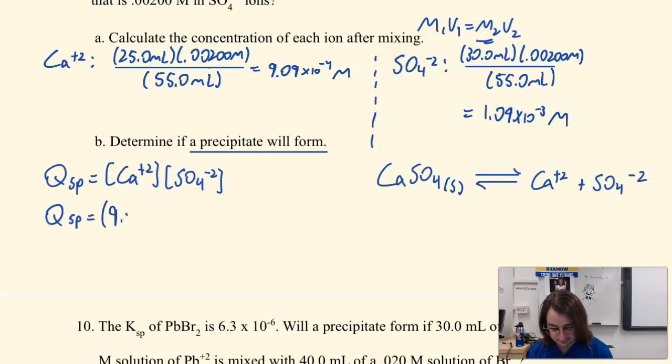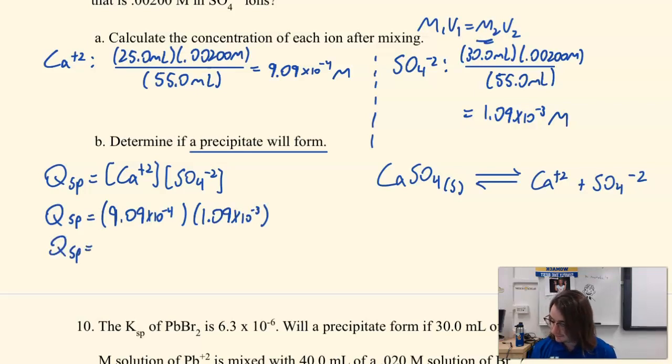So this is 9.09 times 10 to the negative 4th, and this is 1.09 times 10 to the negative 3rd. And when we multiply these out, we should find that Qsp is 9.91 times 10 to the negative 7th.